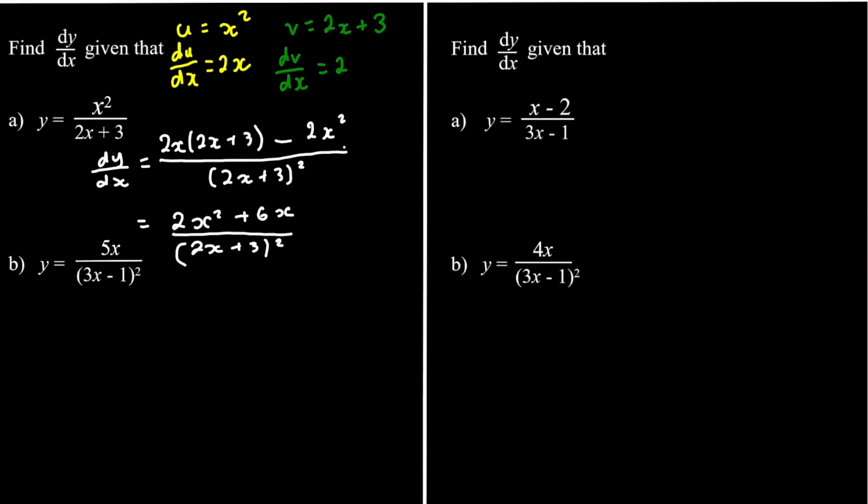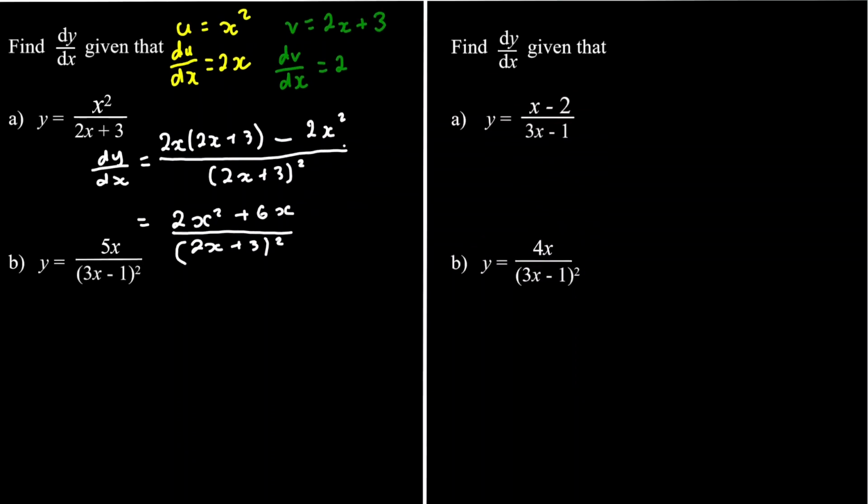For part B, again, the top one is u. So u is 5x, which means du dx is 5. V is 3x minus 1 squared. So dv dx, so we times by the power, take 1 off the power, and then times by the bracket differentiated.